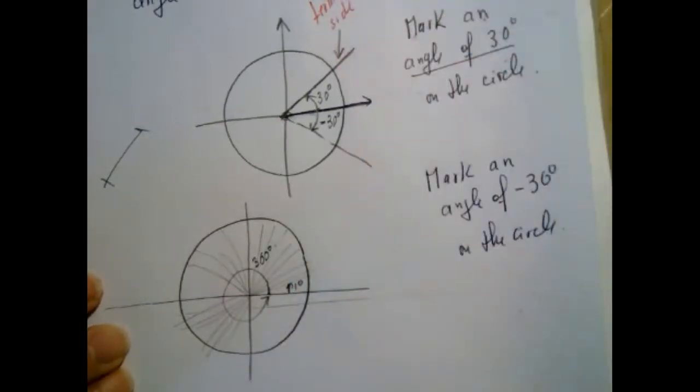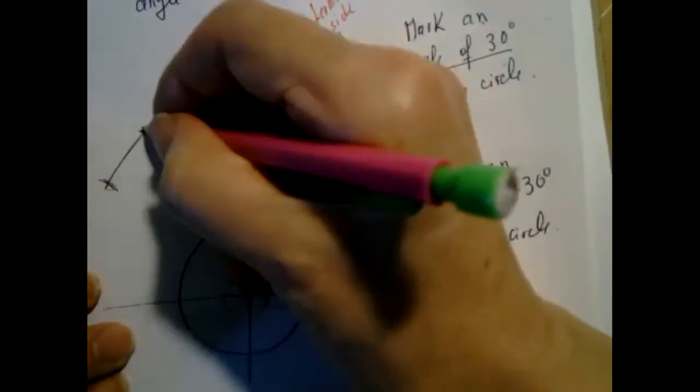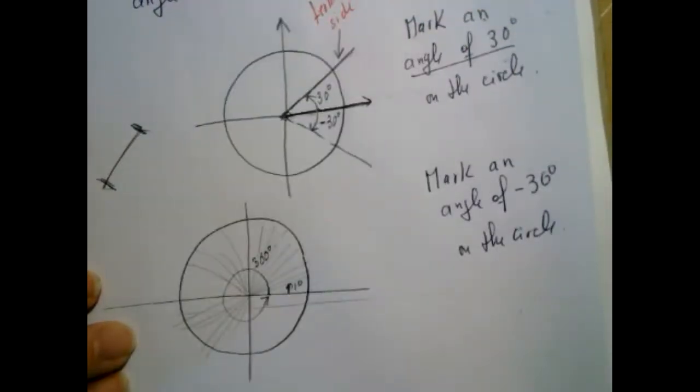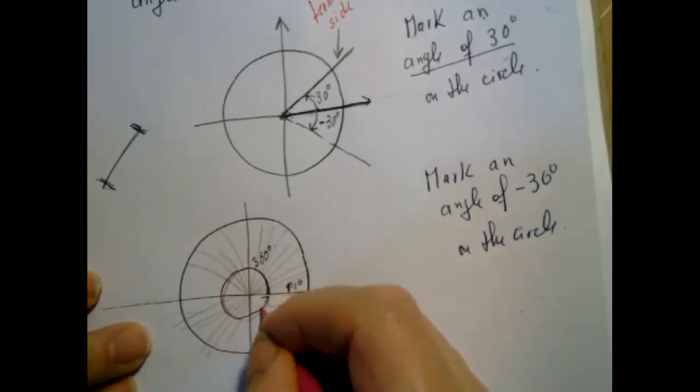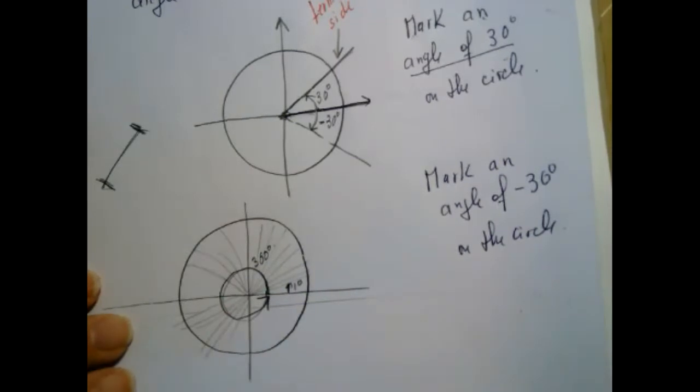So a degree is really very tiny. Where is the 360 coming from? Ask the Babylonians. They decided that's what they wanted. So it's exactly like the inch, another arbitrary unit of measurement. So around the circle, that's the convention, we have 360 degrees.